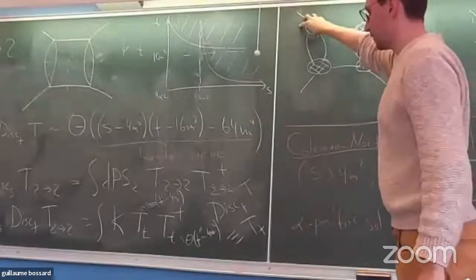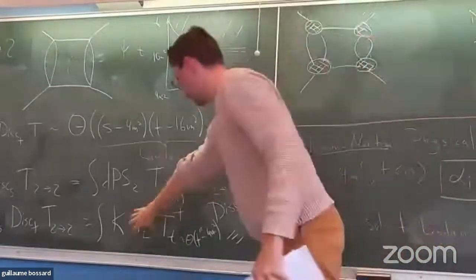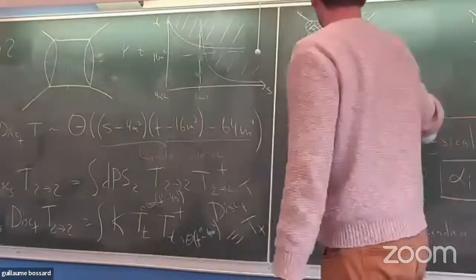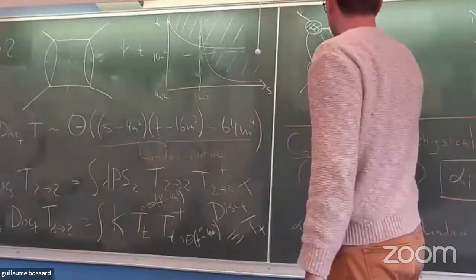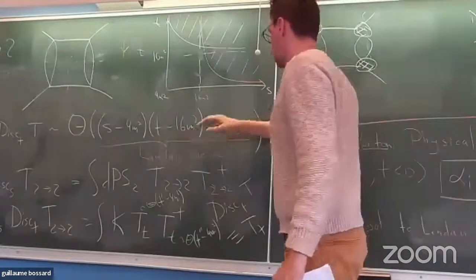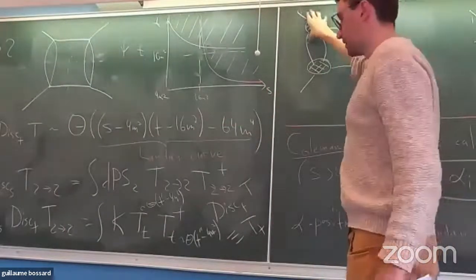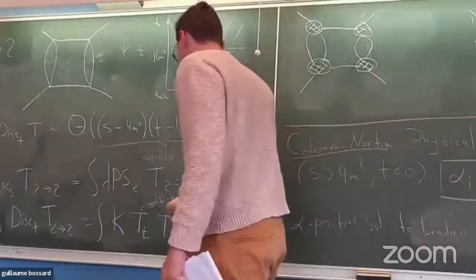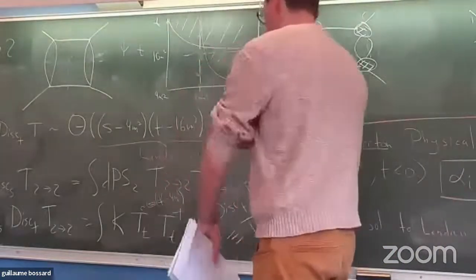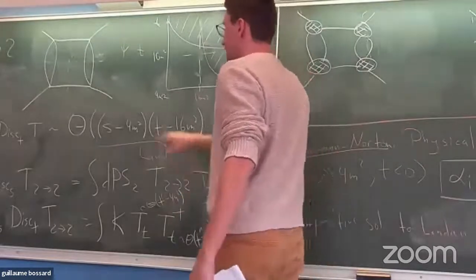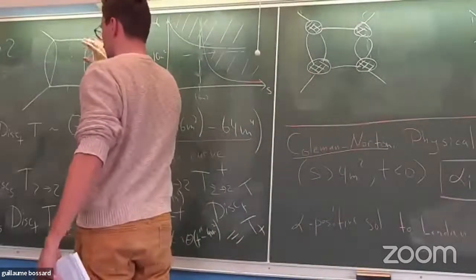And these blobs signify the fact that we take some T, these amplitudes we don't know. But the point is that the position of this curve is not sensitive to what you put inside the blob. It just cares about the two-particle threshold, and therefore, to study the singularity, we could have skipped all this argument and just started from the Feynman graph, and we would have gotten it right.